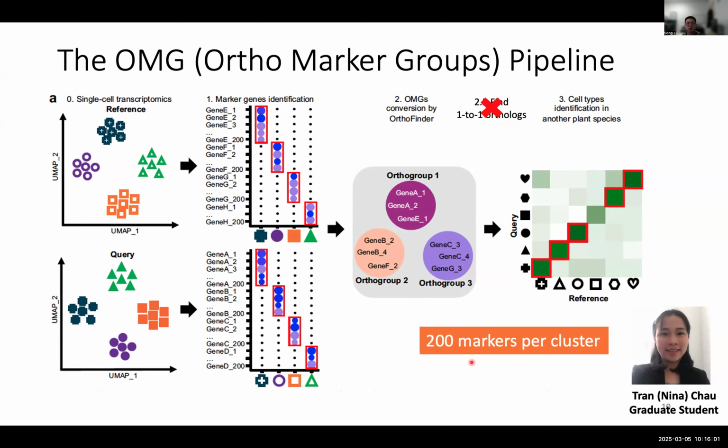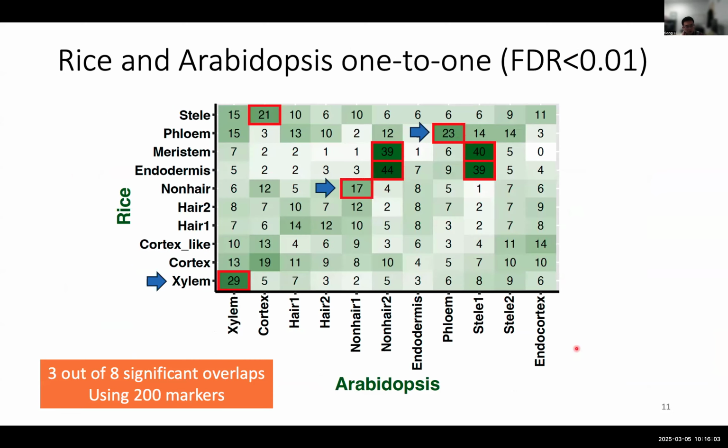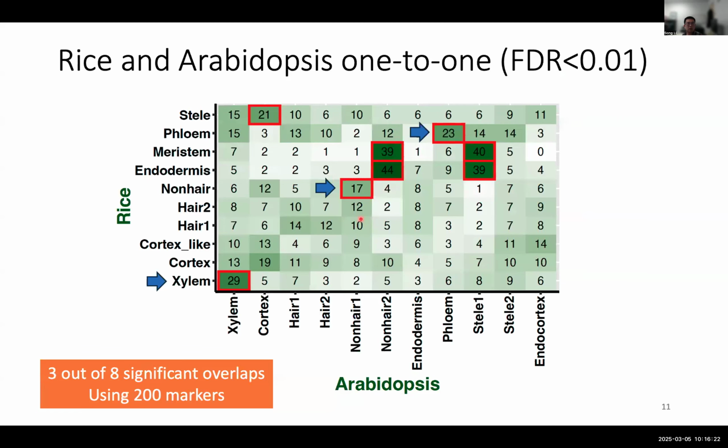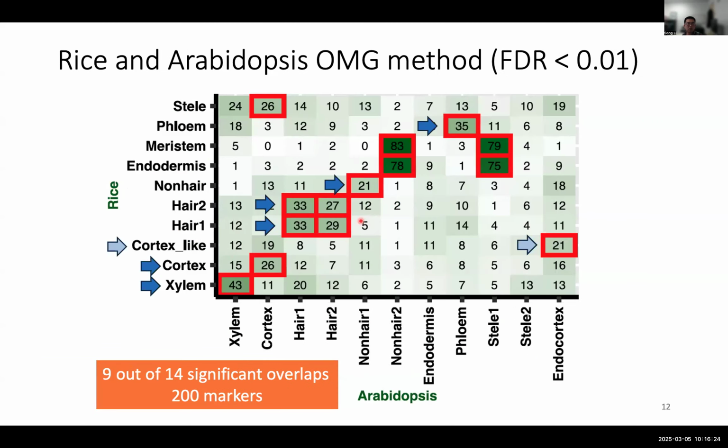Okay, so what do you see? So go back. This is the one-to-one ortholog genes case. If you do this test between 2 species, rice and Arabidopsis, 3 out of 8 significant overlaps, and there are some errors in here as well. And if you do that OMG method, ortholog marker groups, you suddenly increase the number of overlaps that are correct. So again, one-to-one orthologs, OMG, and that's why I call it OMG, right?